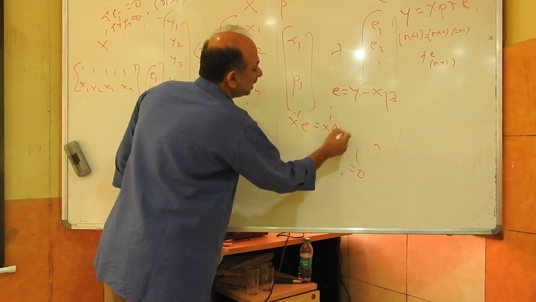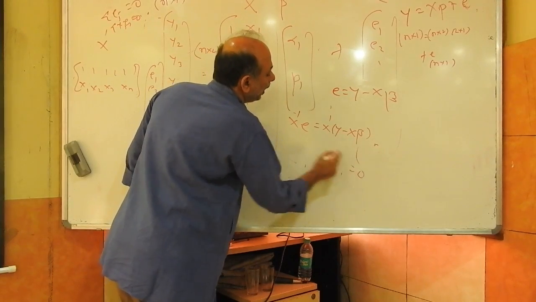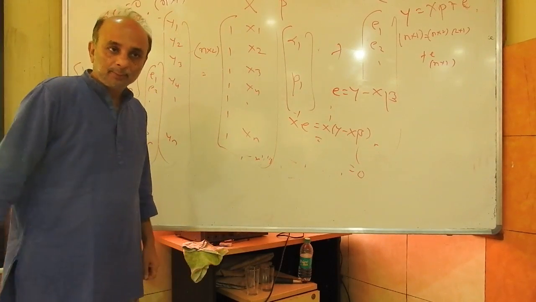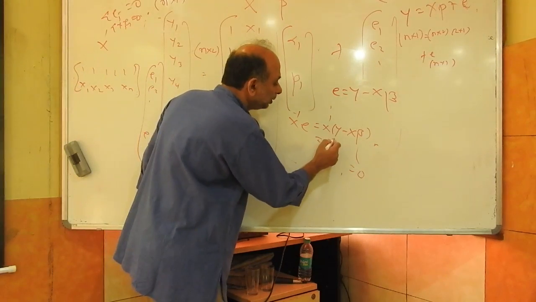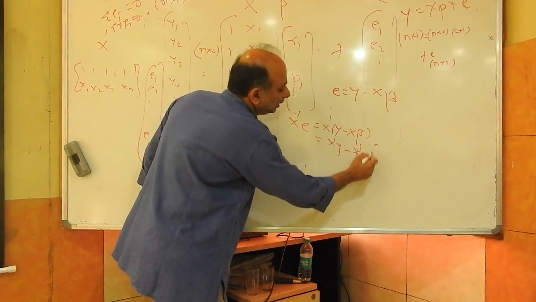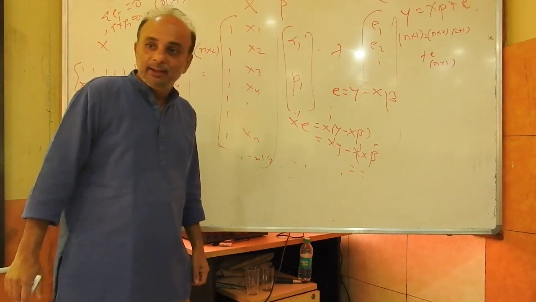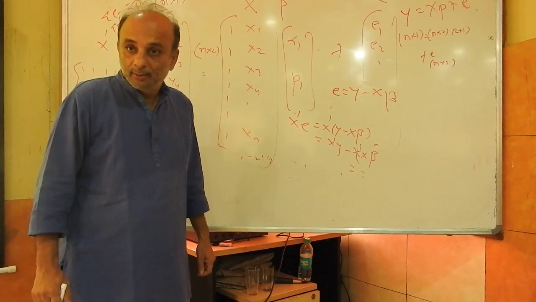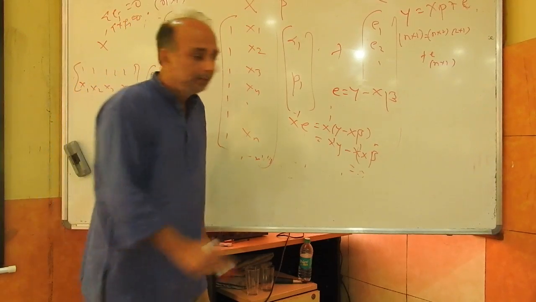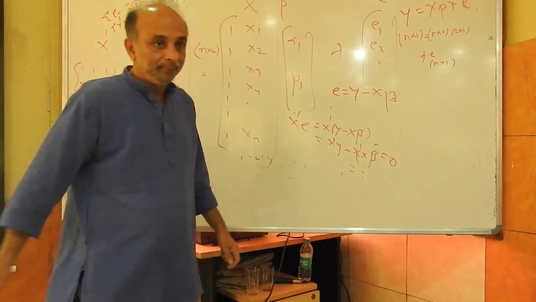It is equal to X transpose times Y minus X beta. Right? Which is equal to X dash Y minus X dash X beta. Right? Which is set to 0.